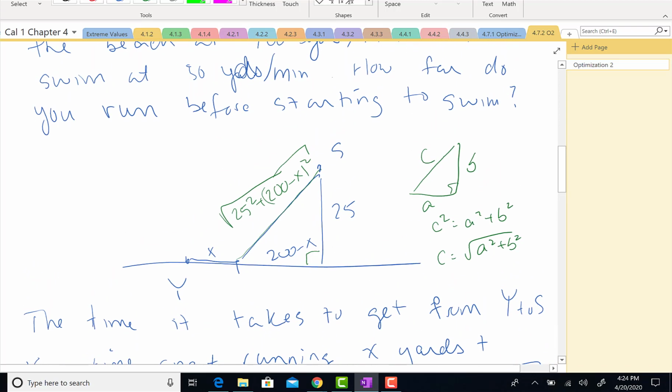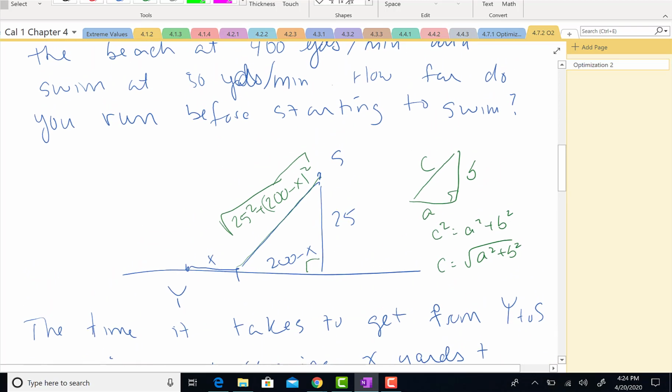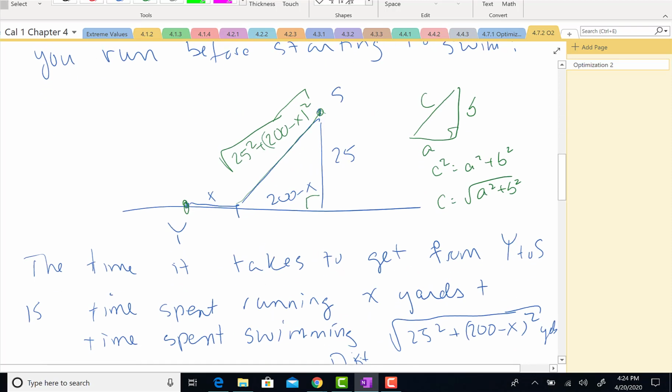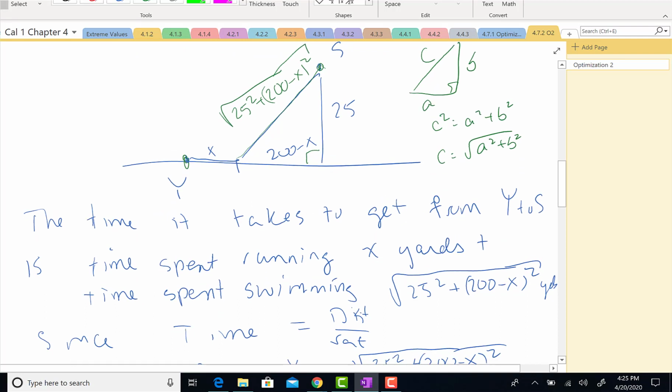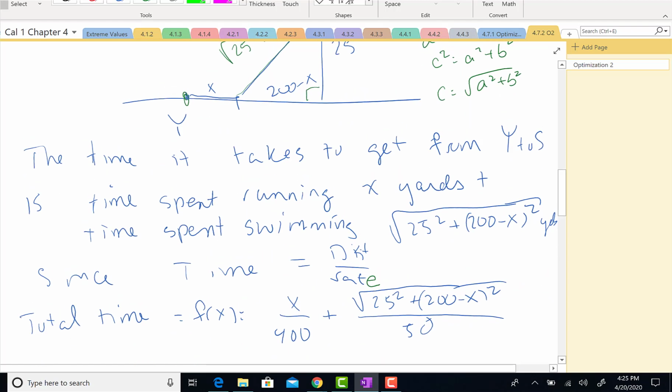Okay, the time it takes to get from Y to S, where you are and where the swimmer is, is the time spent running x yards plus the time spent swimming that distance. Since time is distance over rate, the total time spent as a function of x would be x over 400, because you were able to run at 400 yards per minute on the beach, and then you're swimming at a rate of 50 yards per minute.